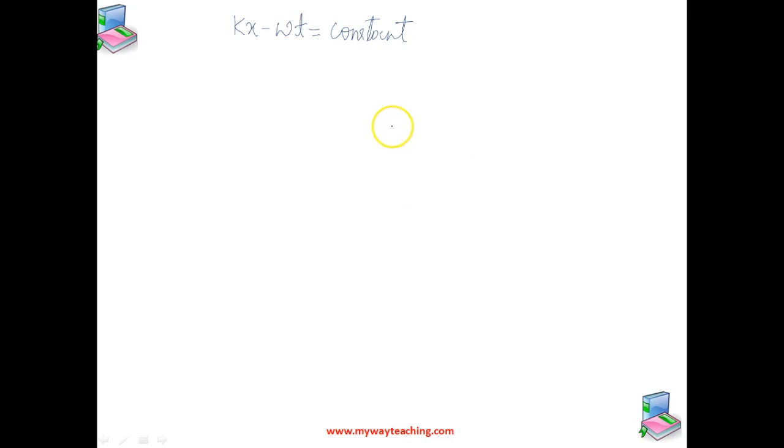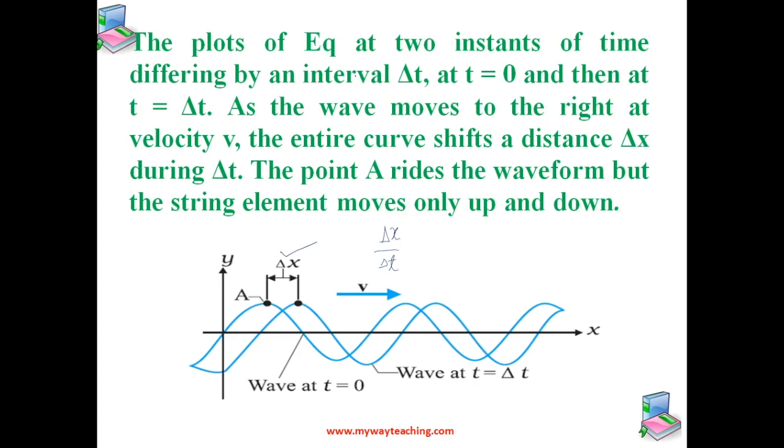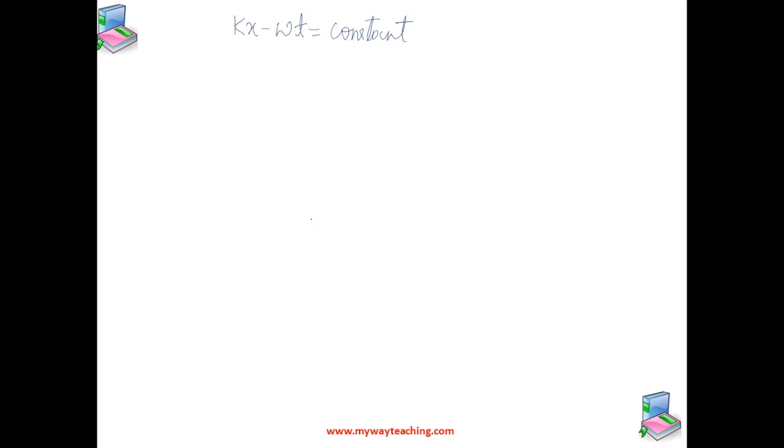Thus, as the time t changes, the position x of the fixed phase point must change, isn't it? The point also changes. Here also you can see this point is changing from here to here, so that the phase remains constant.